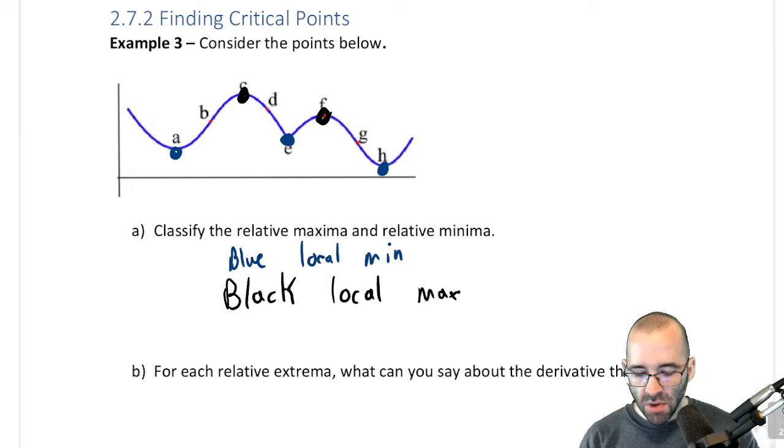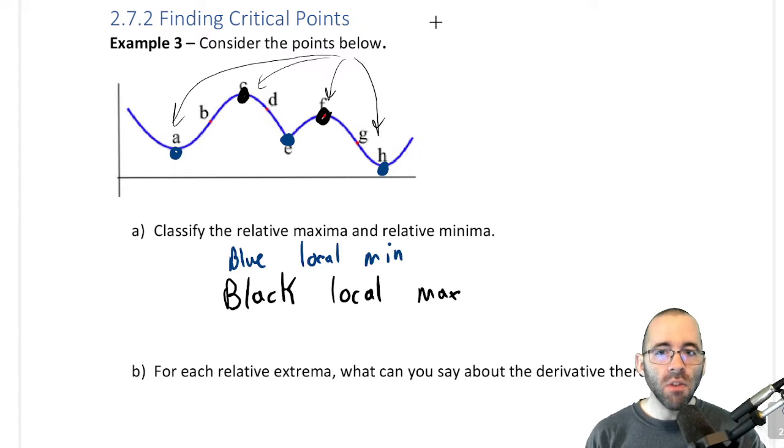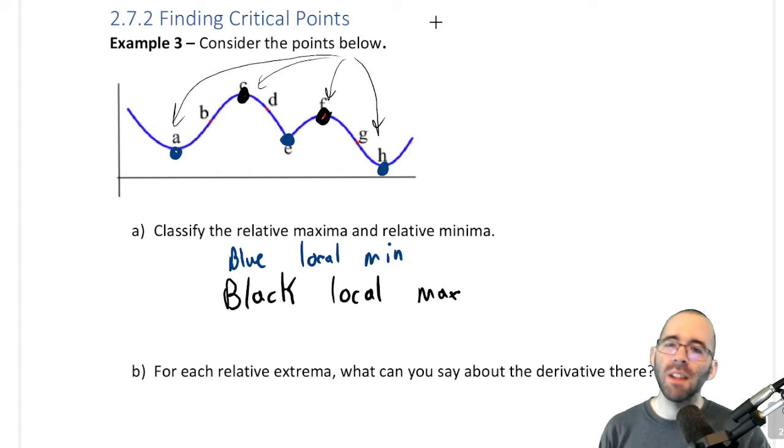Okay. So for each of these, what do we know about the derivative? Well, look at all these points. Look at A. Look at C. Oh, not E. E's a little different. Look at F and look at H. These 4 points I have been insinuating for this whole chapter so far.